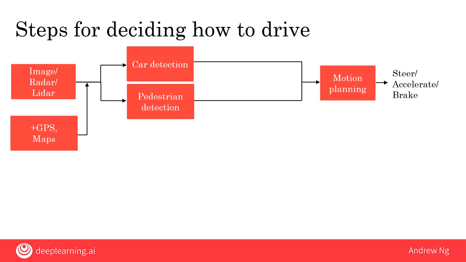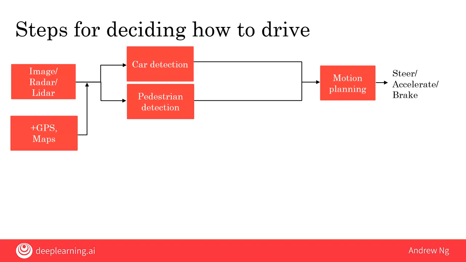Most self-driving cars today will also use GPS to sense their position, as well as accelerometers and gyroscopes, sometimes called an IMU, as well as a map, because we know that cars are more likely to be found on the road, and pedestrians are more likely to be found on sidewalks, although they are sometimes found on the road as well. And all this is usually additional information that's fed in to detect cars and pedestrians, as well as other objects we'll talk about in a second.